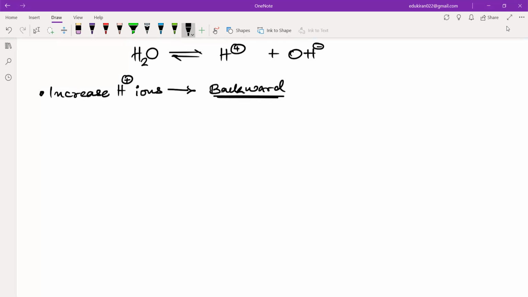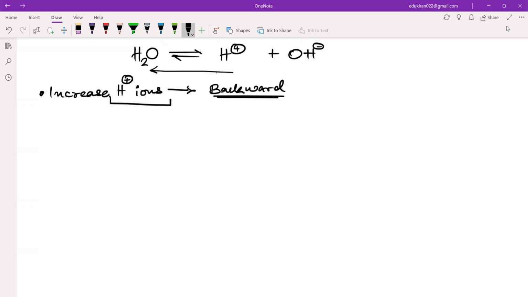Now let us see what happens. If I am increasing the H plus ions, please listen very carefully, that means the reaction will go backward. Now, I have increased H plus ions, right?